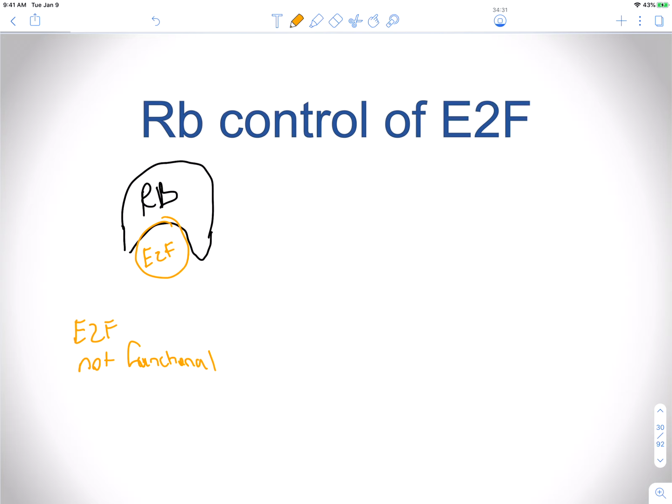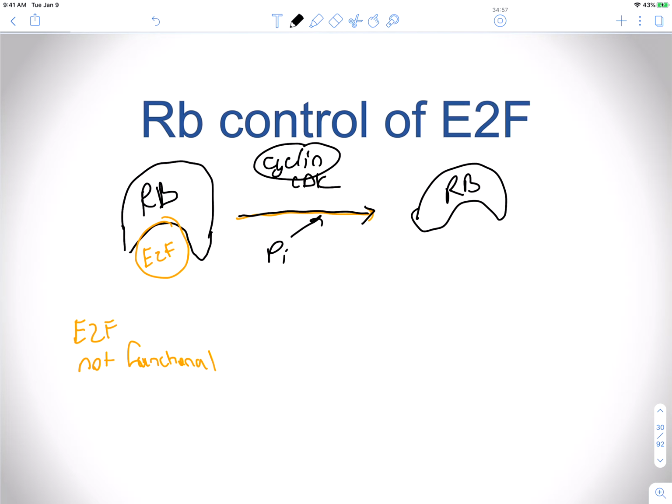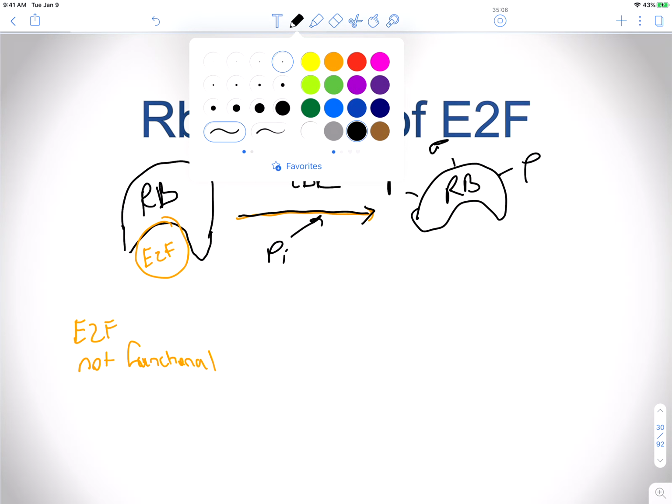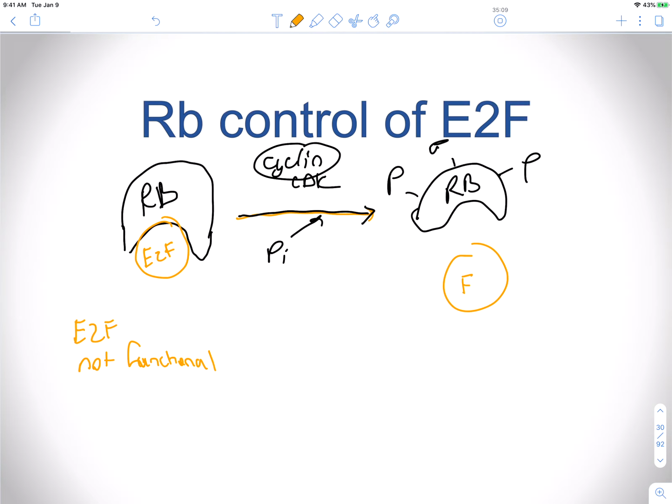Then you have cyclin-dependent kinases, and these are going to phosphorylate retinoblastoma. You have phosphates, and then you get RB phosphorylated. This releases the E2F protein, and now E2F is active.